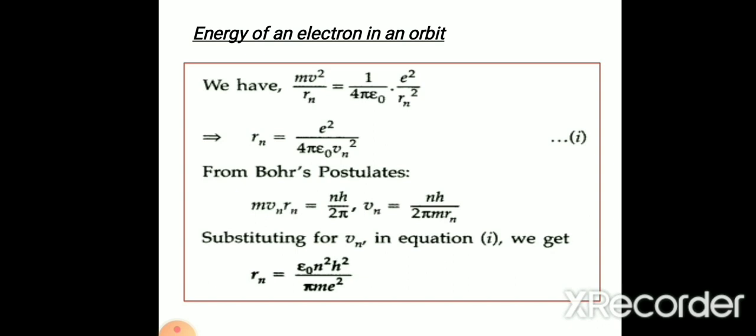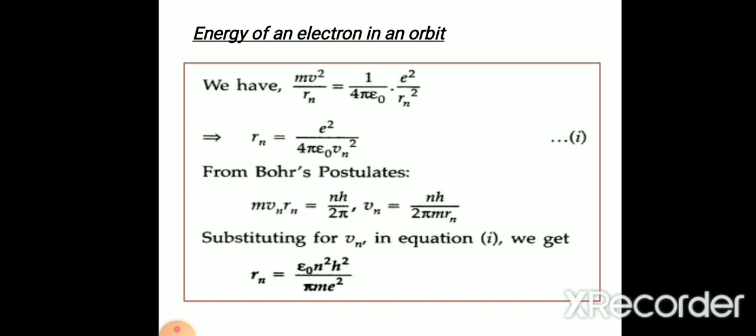While it is revolving around the nucleus in an orbit, it will be having electrostatic energy due to the force between the proton and the electron, and also there will be a centripetal force acting towards the center, that is towards the nucleus.